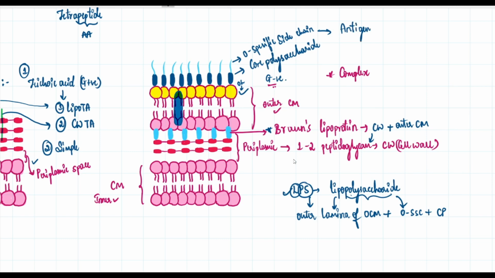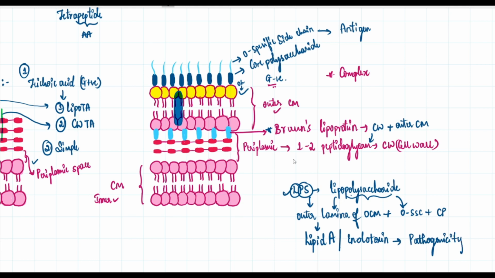The outer lamina of the outer cell membrane has a separate name, the lipid A layer, or endotoxin. This is the separate name for the outer lamina. The name itself says it is responsible for pathogenicity.